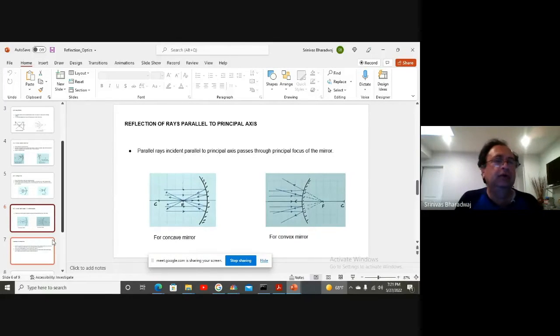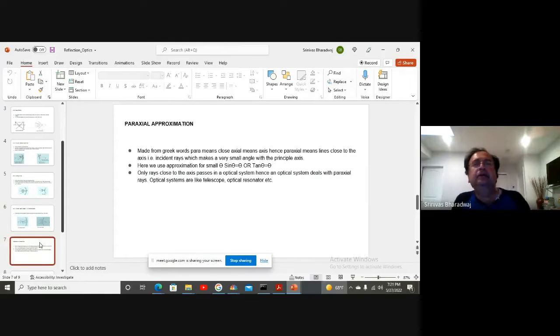Now the most important, the word paraxial approximation, right, made from para, which means close, and axial, which means axis, hence paraxial means lines close to the axis. Incident rays make a small angle with the principal axis, hence we can approximate sine theta equals theta.